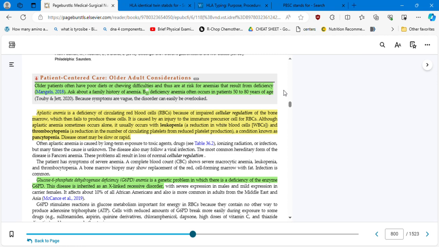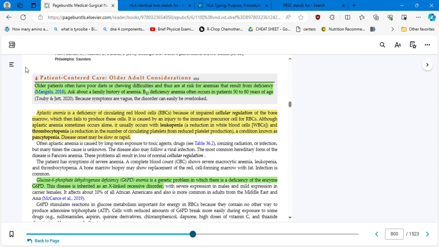So B12 could be related to, I am going to refresh again, an autoimmune disorder, but sometimes it could be related to lack of good protein intake. So in these patients, 50 to 80 years, you need to assess who they are living with, what their financial situation is, and who is cooking, who is preparing the meals for them.